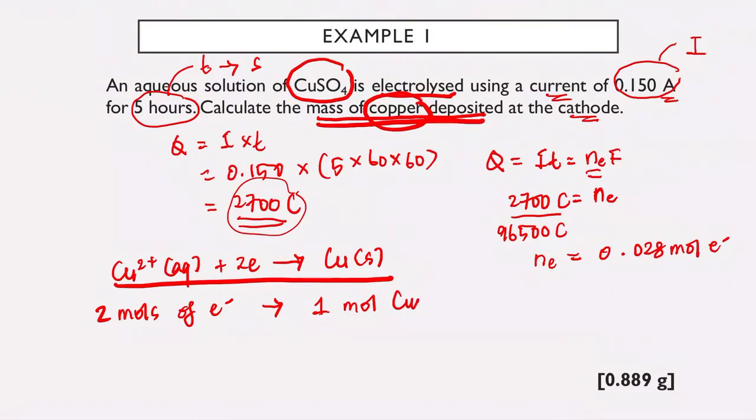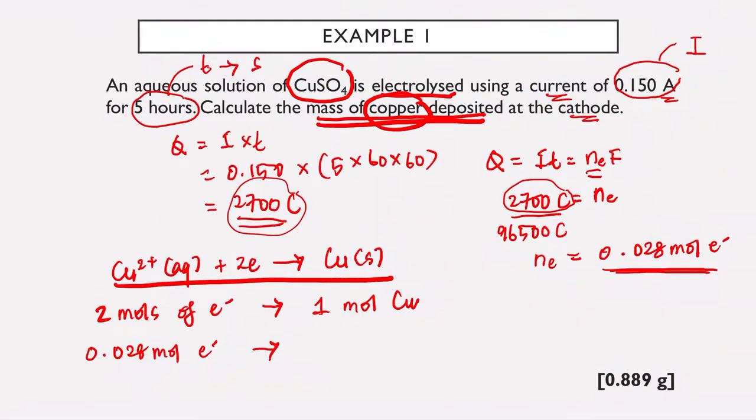Since we know the moles of electrons passed through in this reaction, according to the electric charge applied of 2700 coulombs, is 0.028 moles of electrons, from there we can know how many moles of copper are produced. Using stoichiometry, since 2 gives 1, you divide this value by 2.